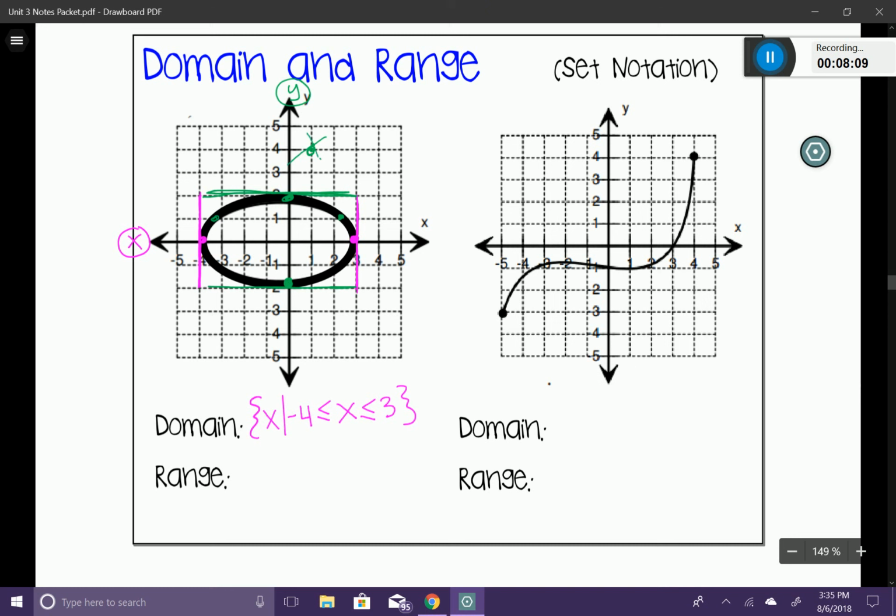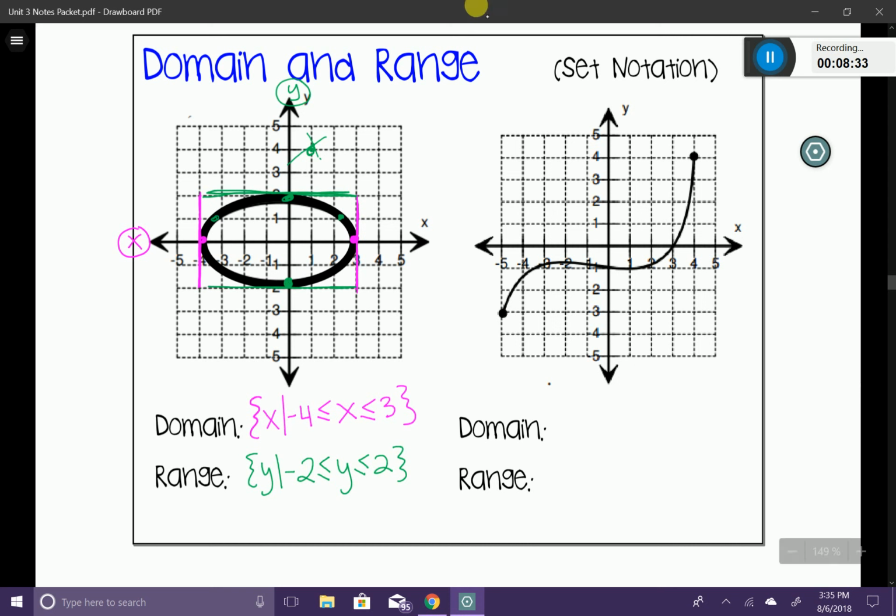So therefore, Y such that my lowest is -2. You always want to put the negative number down below. Is less than or equal to Y, which is less than or equal to 2. So it's saying that all the numbers between -2 and 2 are possible range values for this function. Because let's just check one.